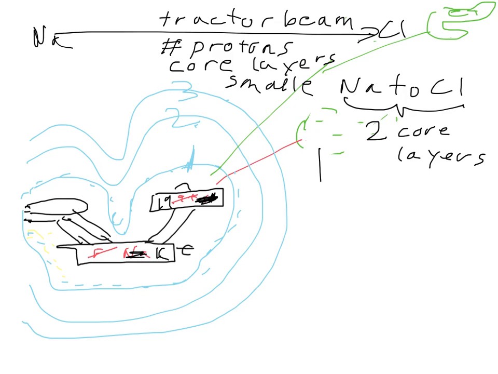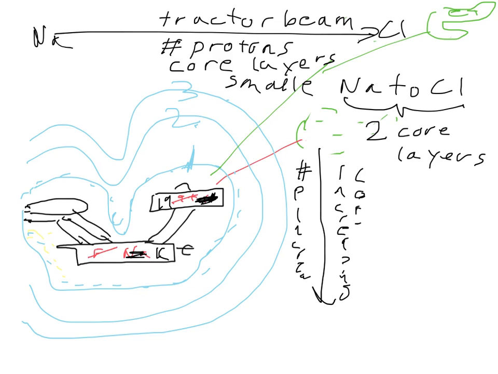As you move down a group, what happens? As you move down a group, although you're increasing your number of protons, you're also increasing your number of force fields. You're increasing your core layers. Your core layers of electrons are increasing.